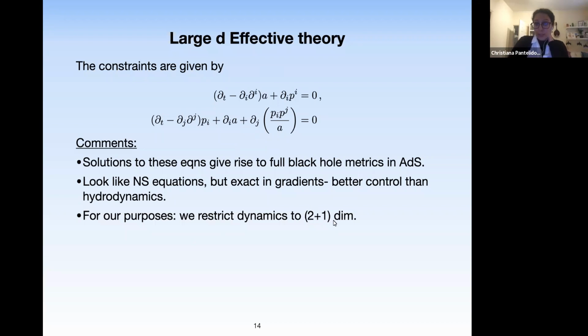What this 2 plus 1 means here is that we take these functions A and P to depend on t, x, and y, so 3 coordinates in total. So we restrict our dynamics down to 2 plus 1 dimensions. But you're right, in principle, one should go and do the full computation at finite D and see if you get the right result.